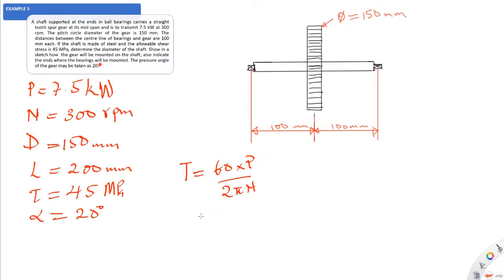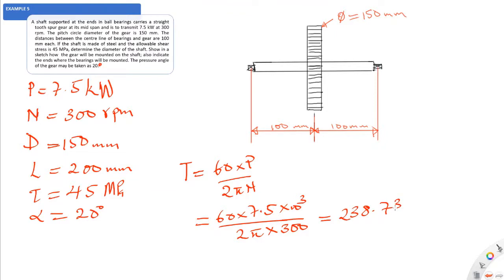If you put in the values given, 60 times the power, 7.5 kilowatt, divided by 2 pi n, where n is 300 rpm, we get the torque on the shaft to be equal to 238.732 Newton meters.